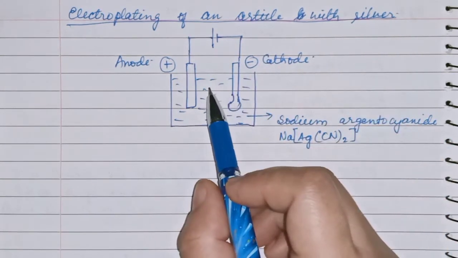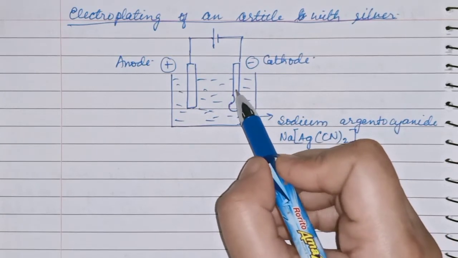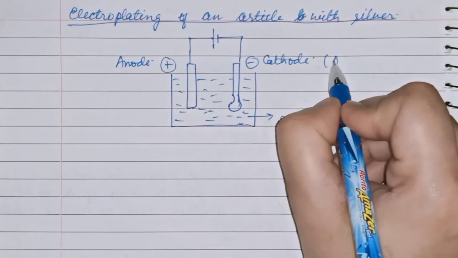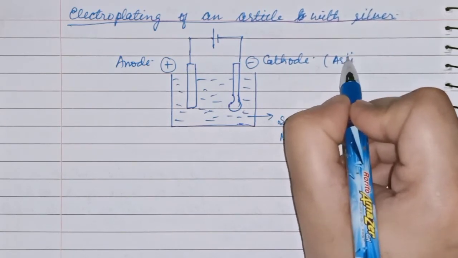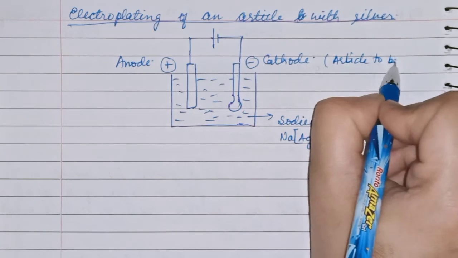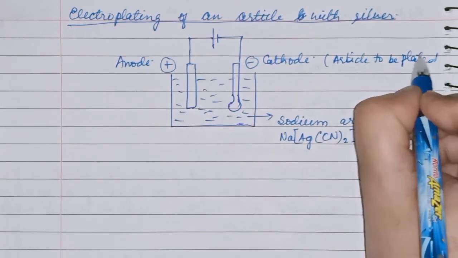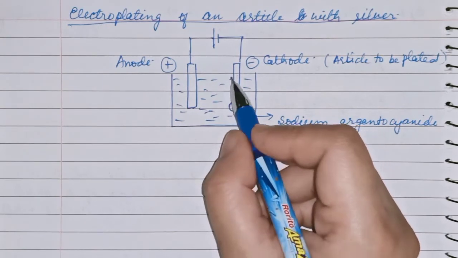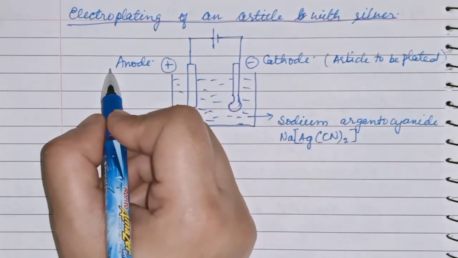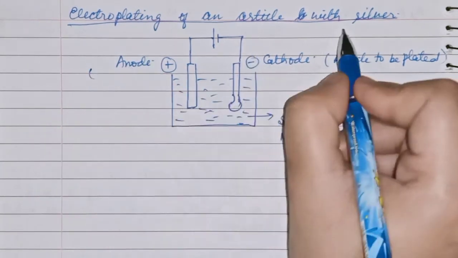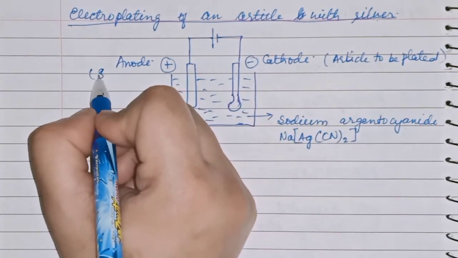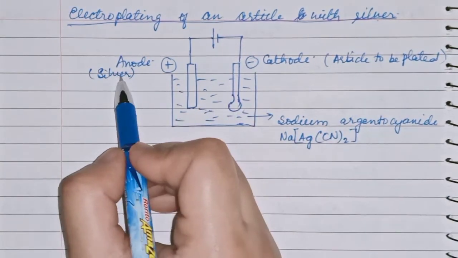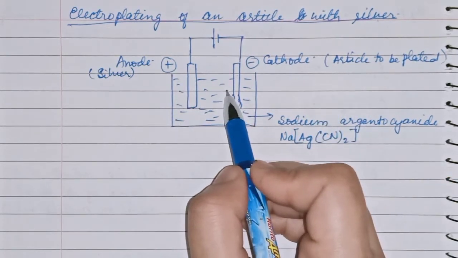As I have said, the article to be plated is kept as the cathode, and the metal we want to be plated on the article is made the anode. We want silver here, so the anode is made of silver. Silver will be plus and the article will be minus.